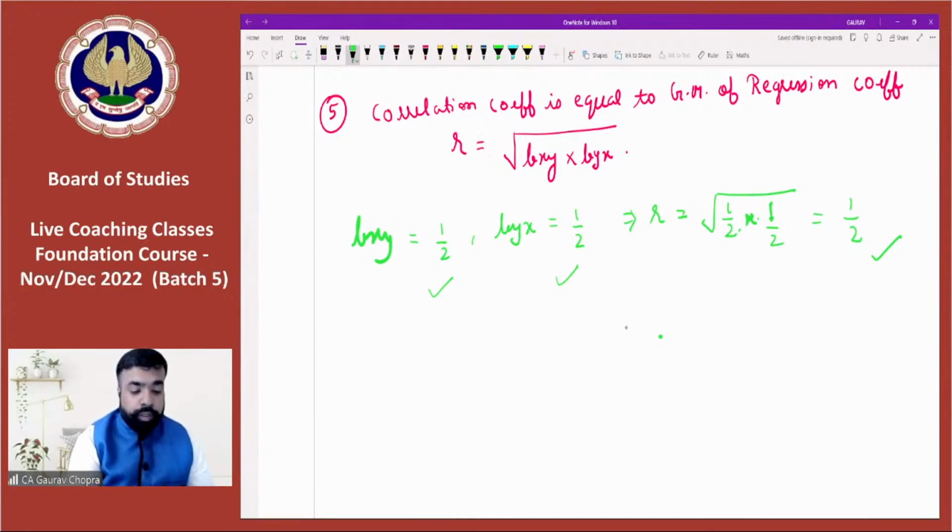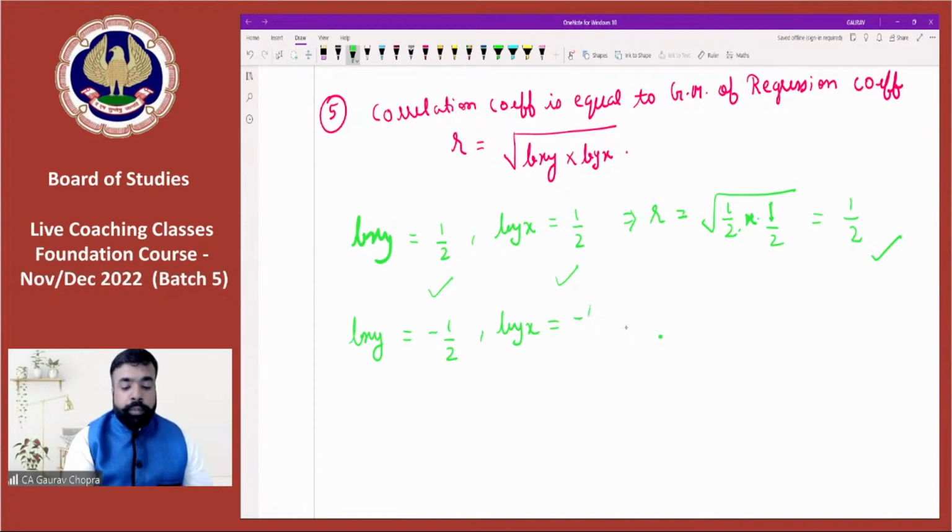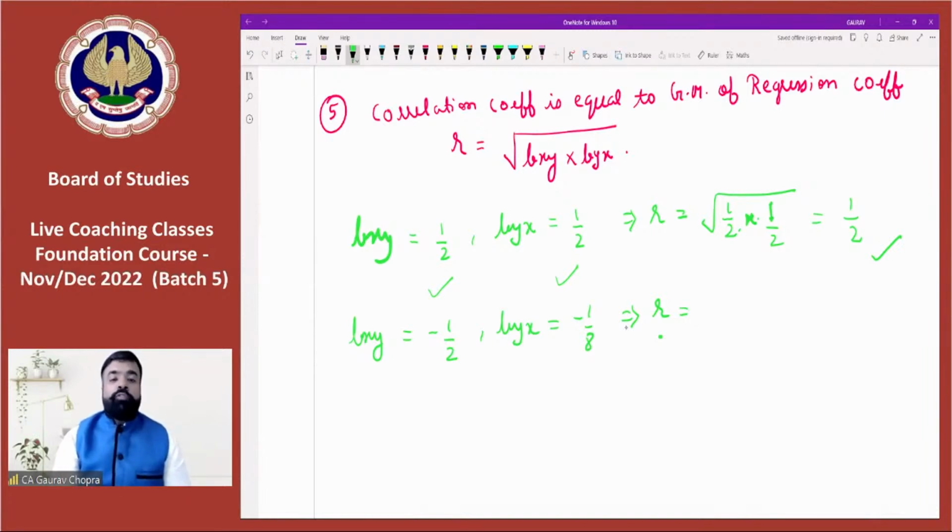Next, if bxy is equal to minus 1 by 2, and byx is minus 1 by 8, then find the value of r. What will be the value of r? Come on everyone, you can answer and let me know whether you have understood or not.